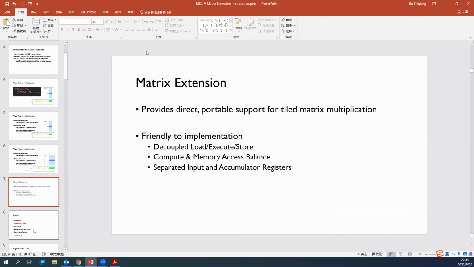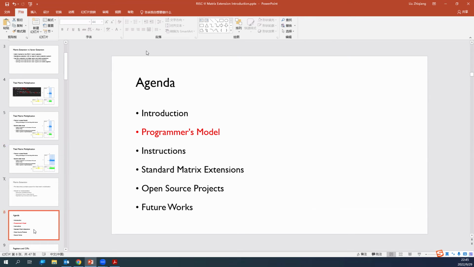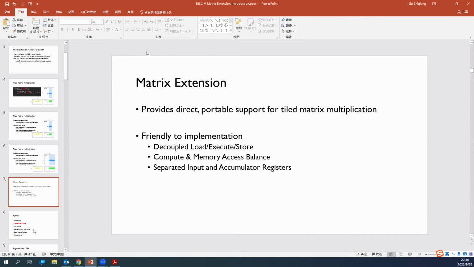Is it something similar to when you set the vector length to the maximum, and the instruction tells you what's the maximum that they can support, and it's told to the software? Is there any mechanism like that? Sorry, I beg your pardon?